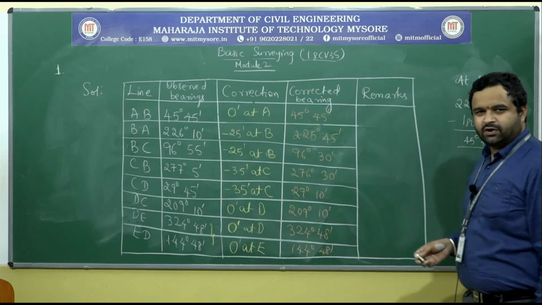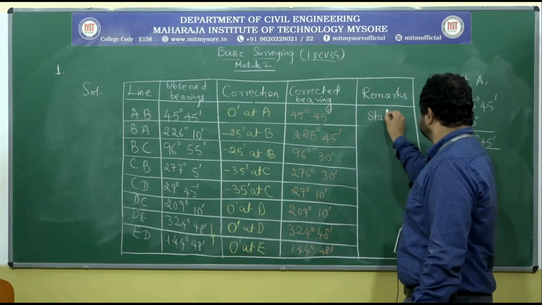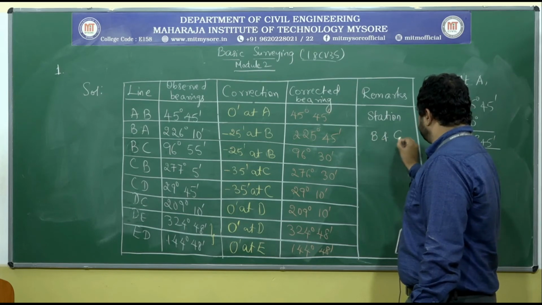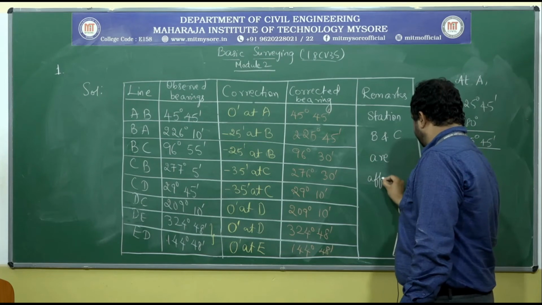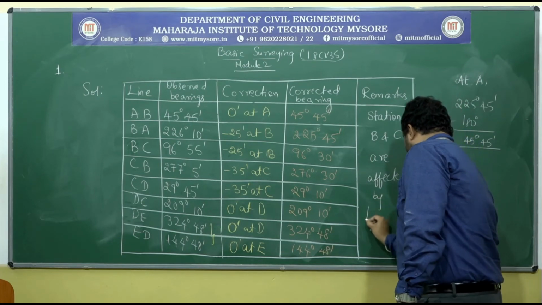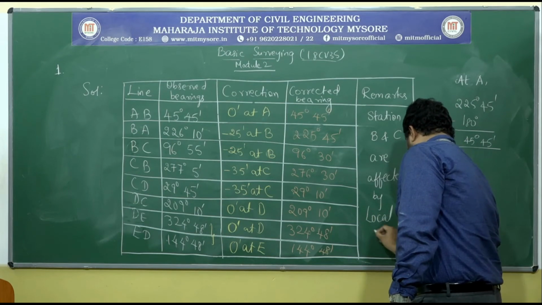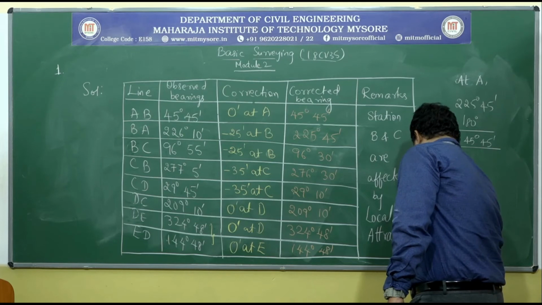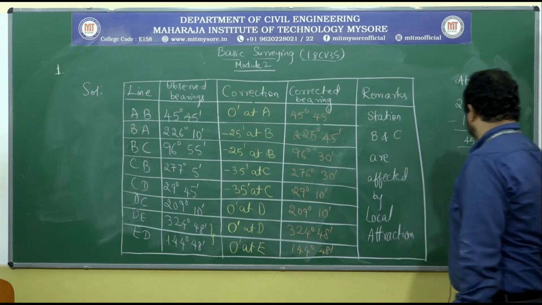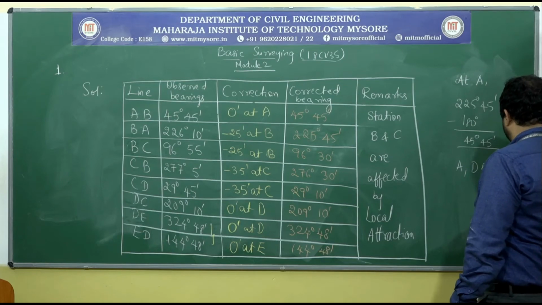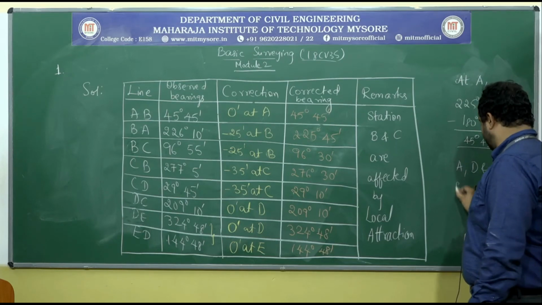In the remarks column, what we can write is stations B and C are affected by local attraction. Whereas stations A, D and E are free from local attraction.